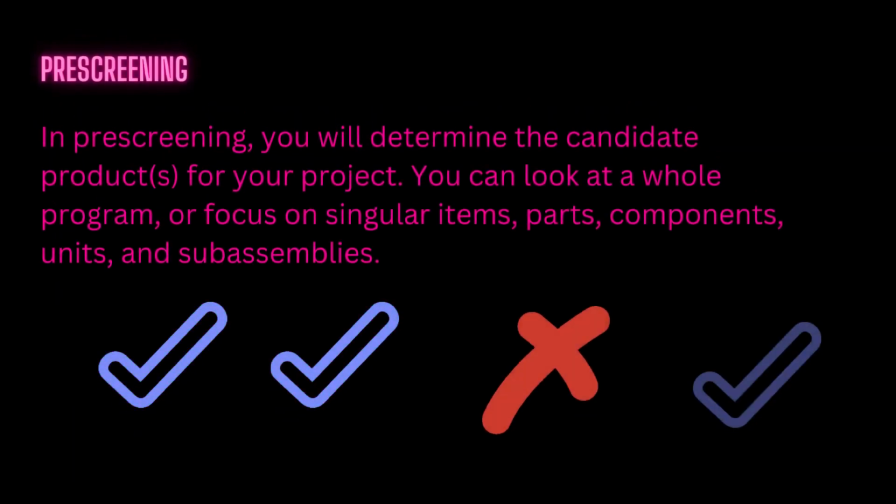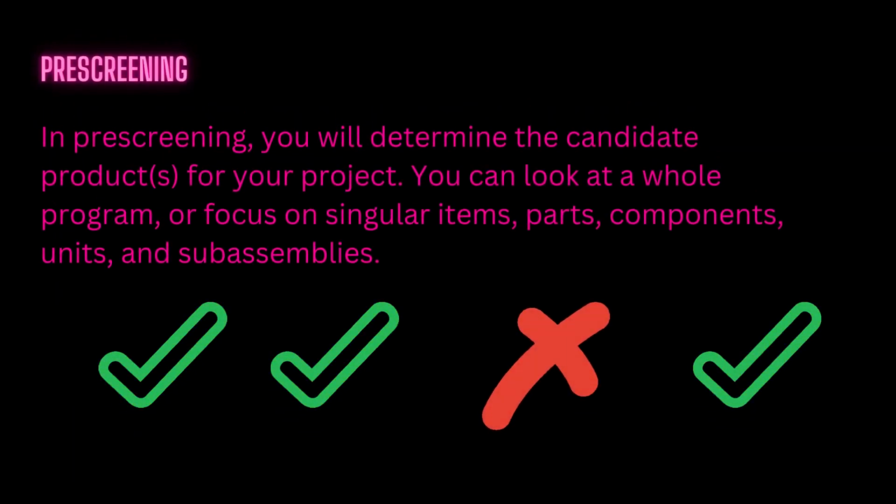The pre-screening process. The first stage of reverse engineering is the pre-screening process. You will determine the candidate products for your project. That means you get to choose the product. The product can be selected on the basis of market needs, or how popular or how expensive the product is.